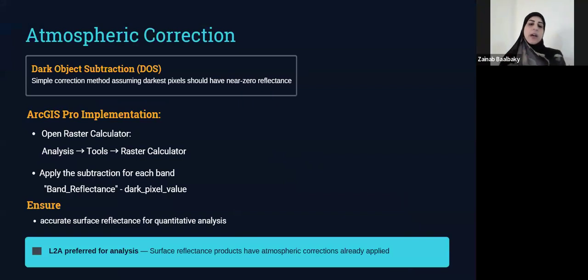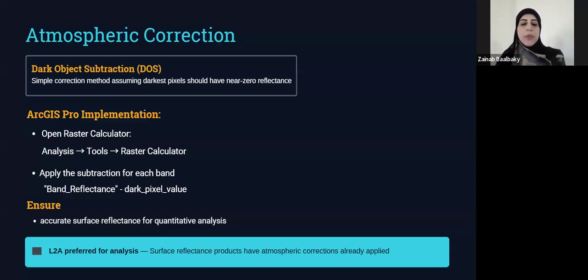To correct atmospheric distortions, we use atmospheric correction. The simplest method is dark object subtraction, or DOS, which assumes the darkest pixels, such as deep water, should have near zero reflectance. This method removes the scattering caused by aerosols.